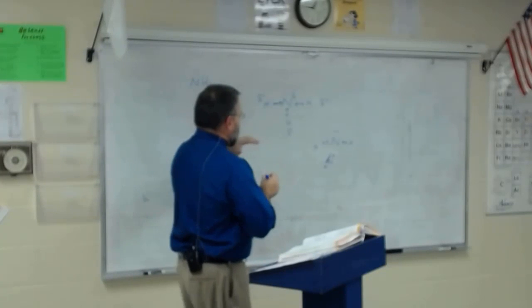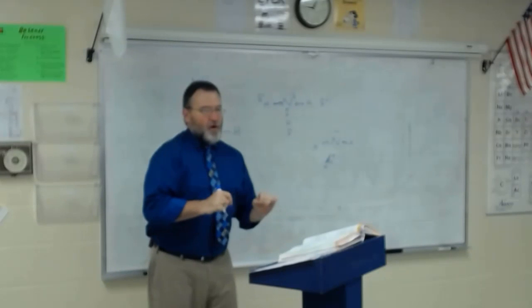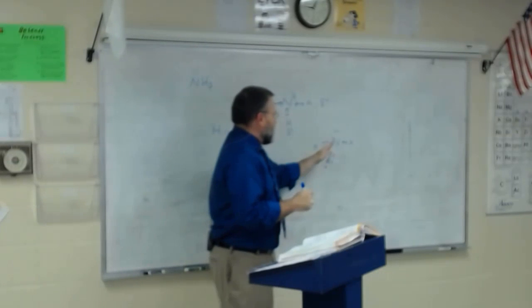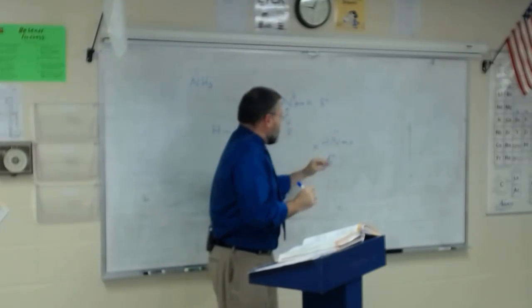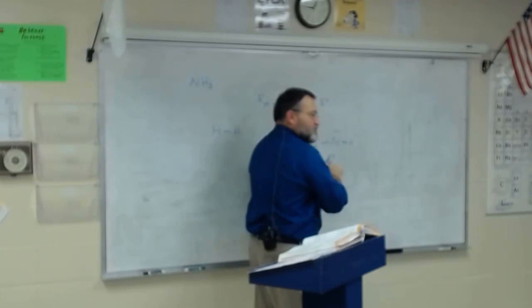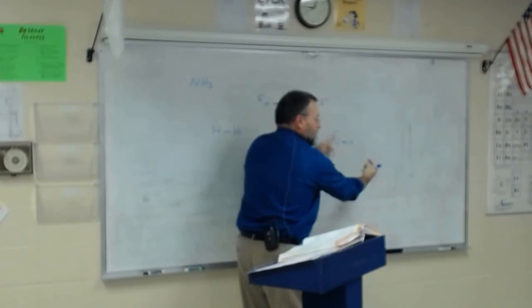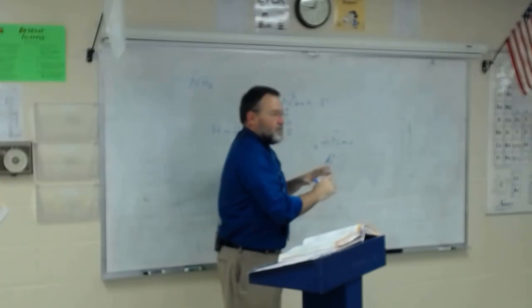The first step is going to be to figure out the individual polarity of the bonds in your molecule. What is the direction of the polarity in the bond? Now that we've looked at each individual case, this hydrogen and this nitrogen, this hydrogen and this nitrogen, and this hydrogen and this nitrogen, where does the electron tend to be? So that's the first part of it.